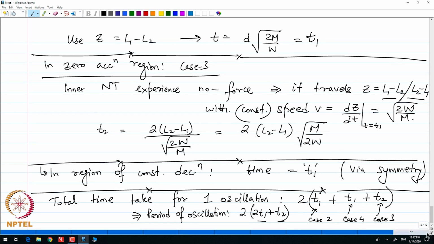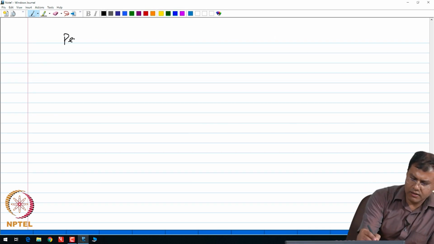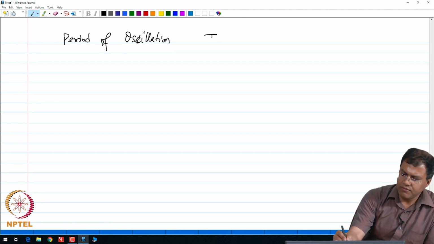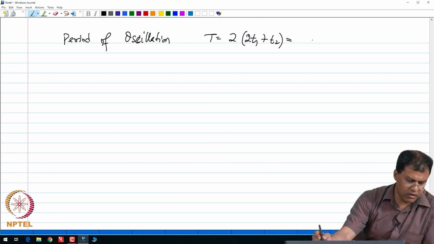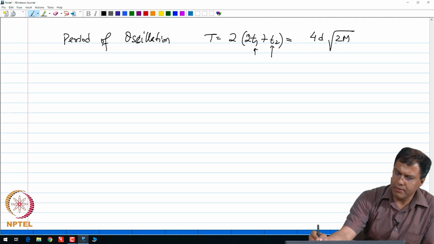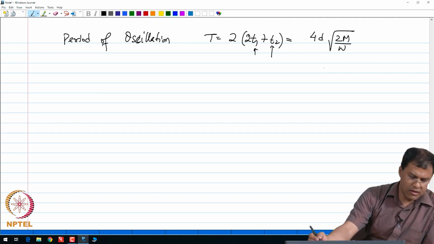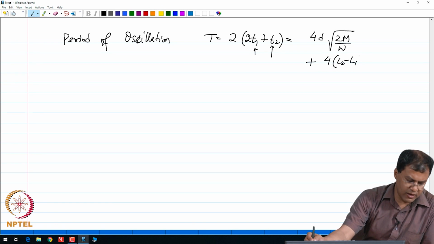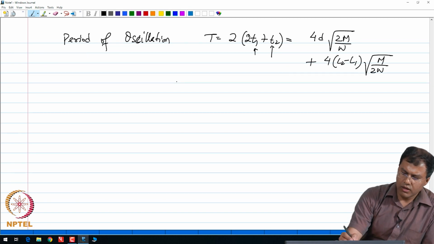We see that my period of oscillation T will be equal to 4D times square root of 2m by W, plus 4 times (L2 minus L1) times square root of m by 2W, or I can club these two expressions.